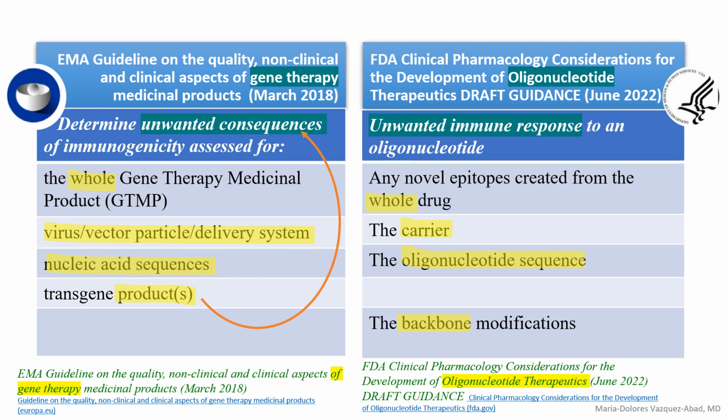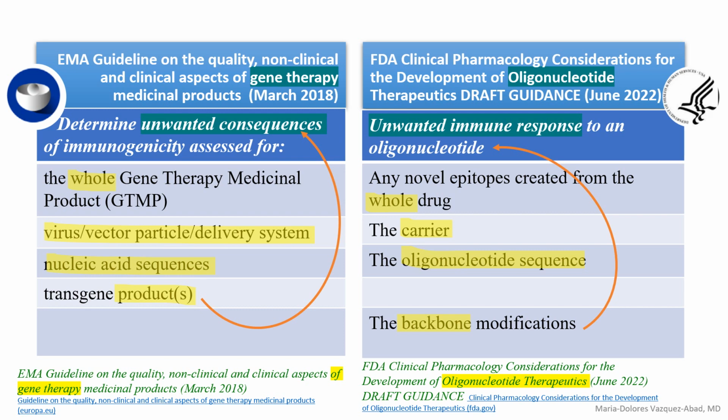So RNA that's modified, or for instance, the self-amplifying RNA, etc. So they're open to future advances in medicine. So that's why they're talking about backbone modifications, because they're talking in this section about unwanted immune response to an oligonucleotide, either the messenger RNA for the product we need or modified RNAs.